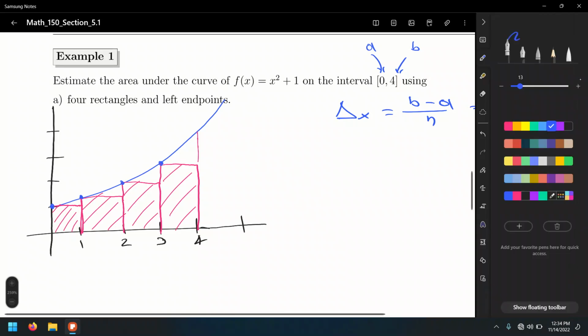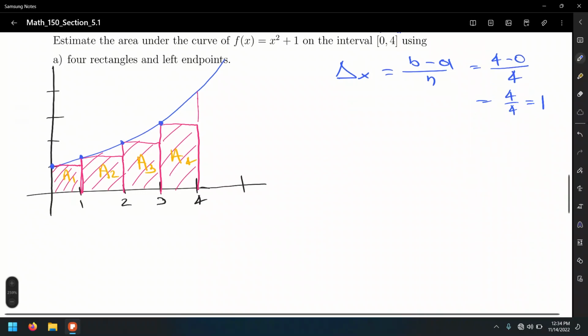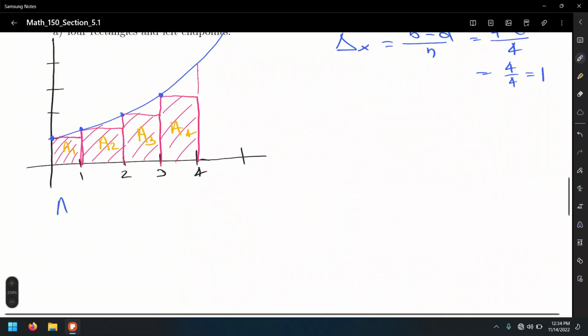So if we label these as area 1, area 2, area 3, area 4, the total area equals area 1 plus area 2 plus area 3 plus area 4.